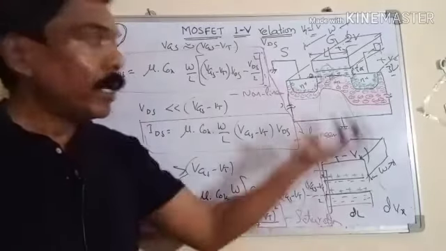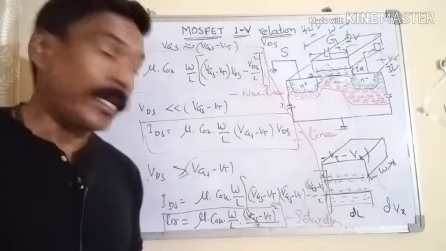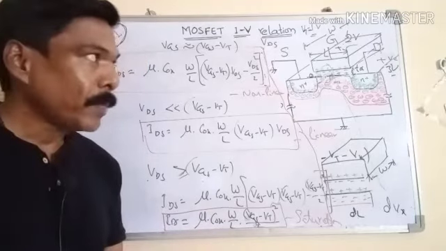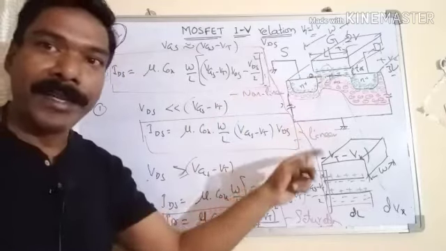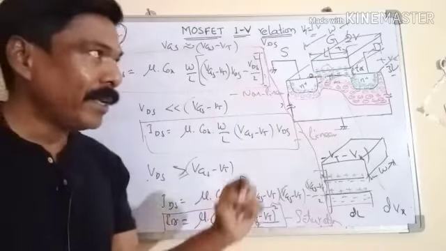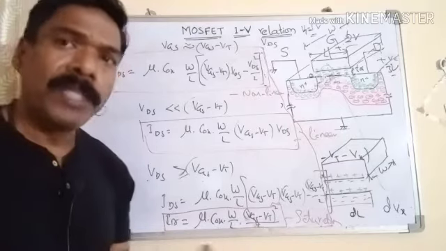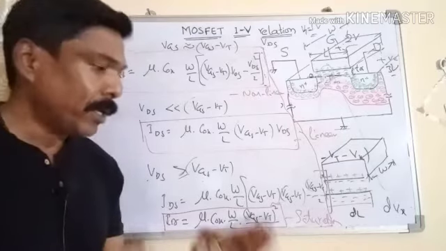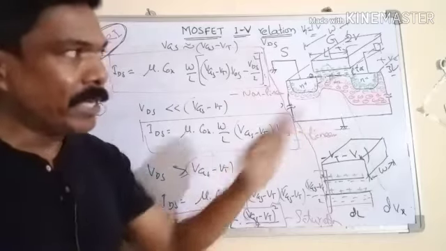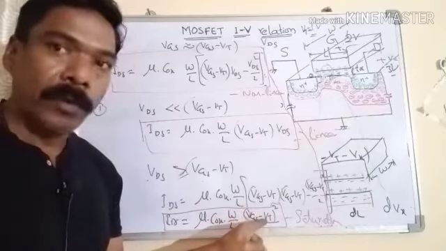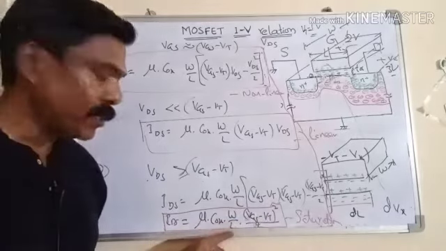Of course, for short channel devices, second order phenomena will come into the picture, which are called channel length modulation and drain induced barrier lowering, where the threshold voltage itself will decrease, and velocity saturation will be introduced. So the current also will change in the saturation region slightly, because this VT depends upon VDS, and mobility and length also depend upon VDS.